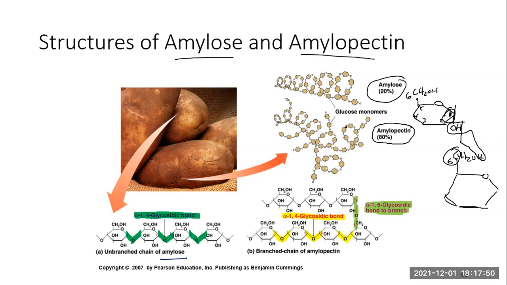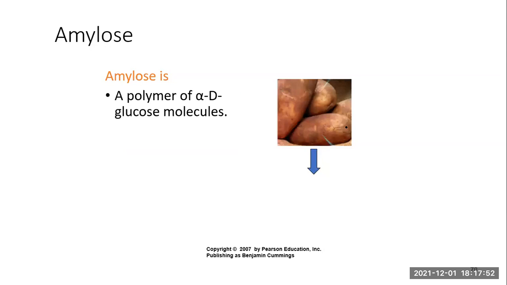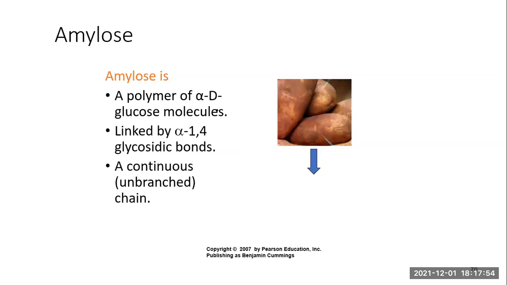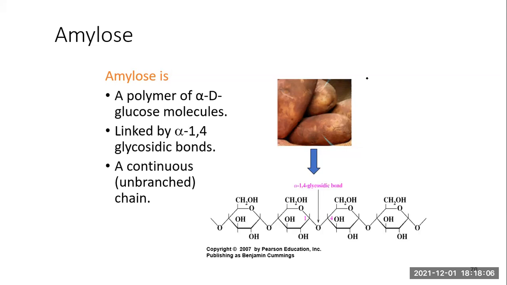Looking at these a little bit closer, amylose is a continuous unbranched chain of alpha 1,4 glycosidic bonds that goes straight through, as we saw in that picture, glucose to glucose with our alpha 1,4 bond.